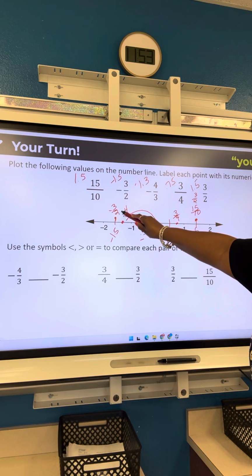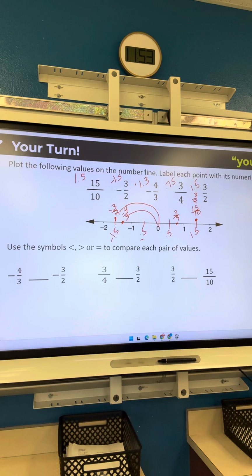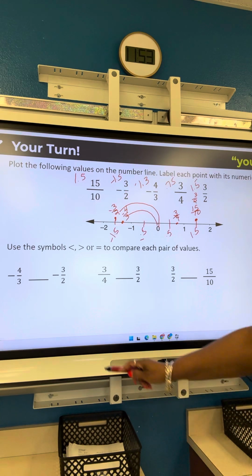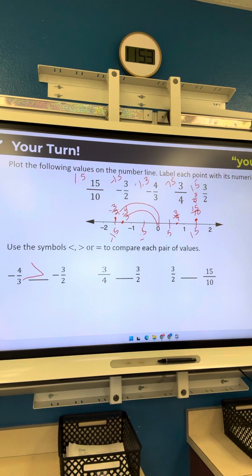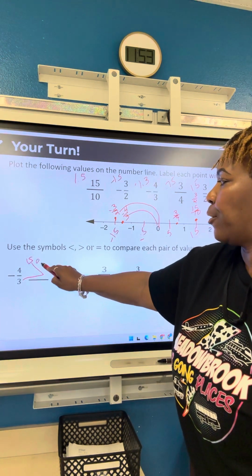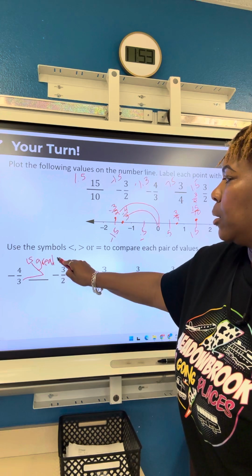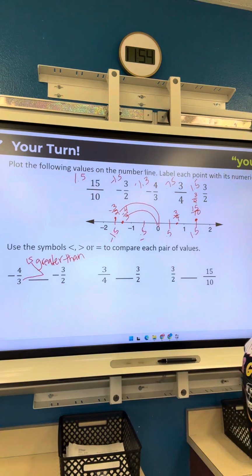Negative 3 halves is right here to 0. Negative 4/3 is the closest one to 0, so that's the bigger number. So I am going to eat negative 4/3 because what that says is negative 4/3 is greater than negative 3 halves. So I'm going to write is greater than. Remember, with negative numbers, the closest number to 0 is the bigger number.